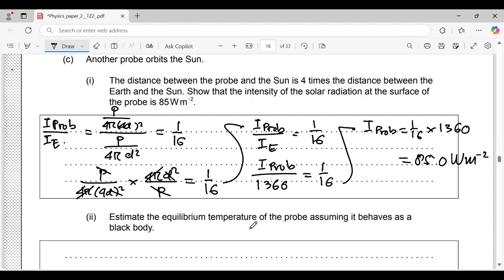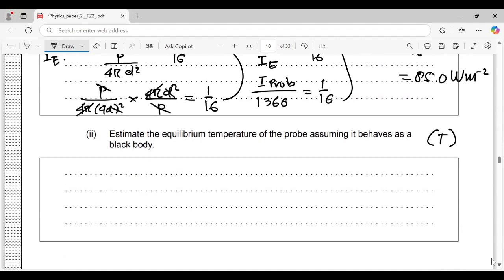Estimate the equilibrium temperature of the probe, assuming it behaves as a black body. The equilibrium temperature symbol is T, so we are going to figure out T. Now I'm going to use the formula sigma times T to the power 4 equals intensity. Intensity is this one, 85.